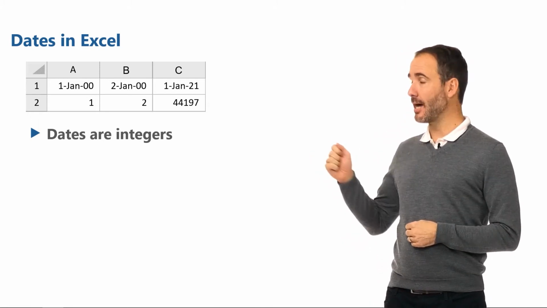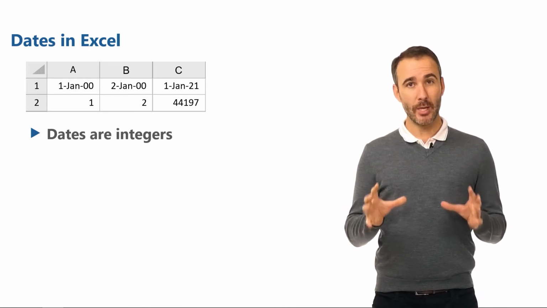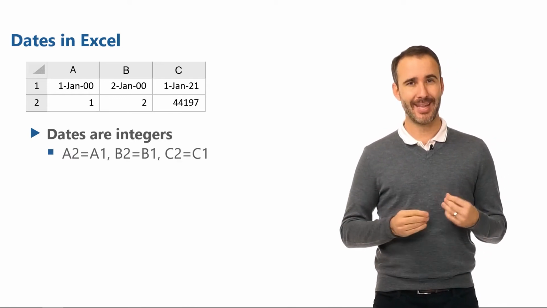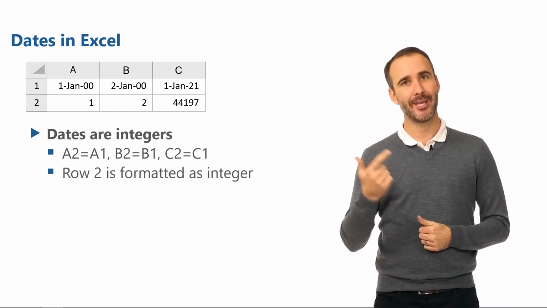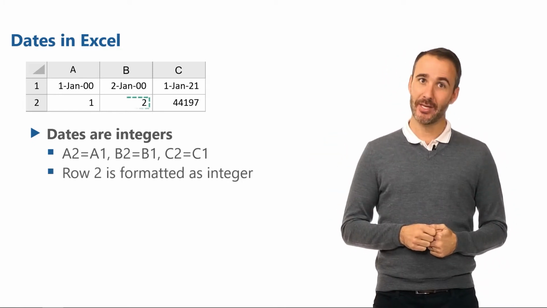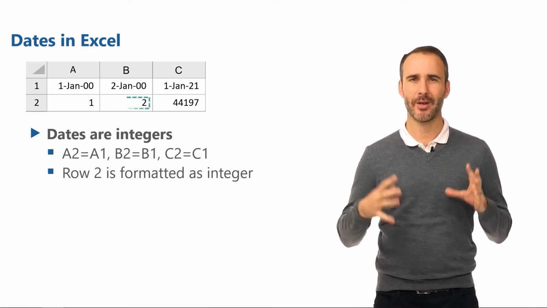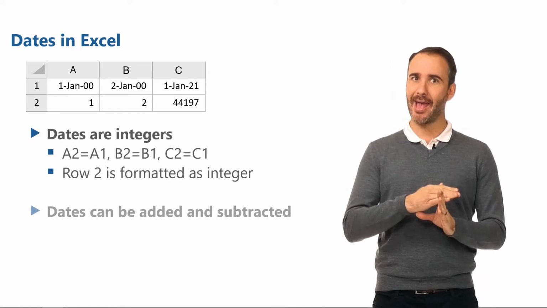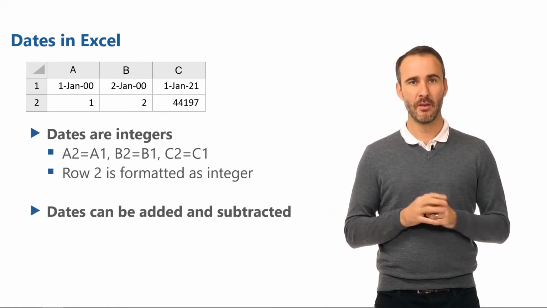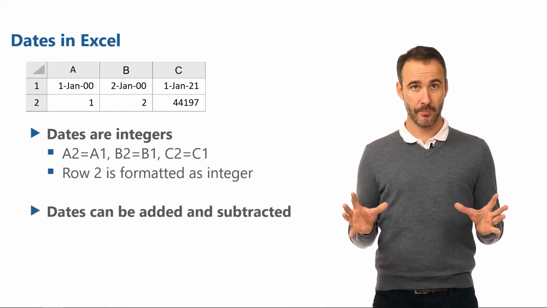So in this example, row 2 equals row 1, but it's formatted as an integer. So the 2nd of January 1900 equals 2, the 3rd of January 1900 equals 3, and so on and so forth. And given they're integers, we can also add or subtract dates from each other, or add integers to them.